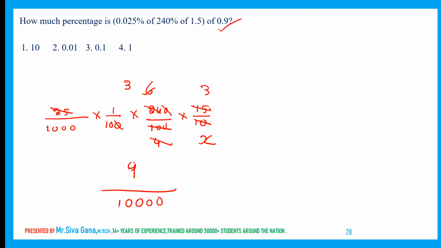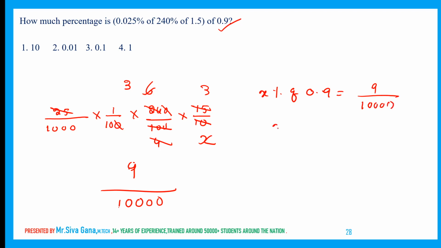Of 0.9, right? Of 0.9 we need. Percentage we need. Let us say x percent, x percent of 0.9, that is what we are getting, 9 divided by 1 2 3 4.